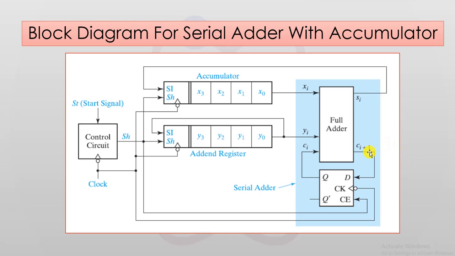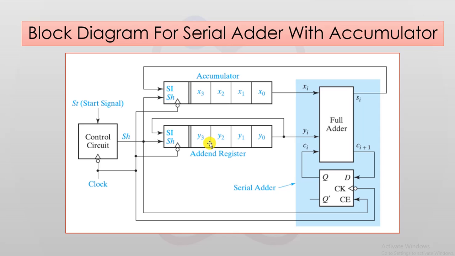As you can see, there are two shift registers that are being used to hold the 4-bit numbers that are to be added. In this particular case, we have the shift register which is called the accumulator and the add-in register.